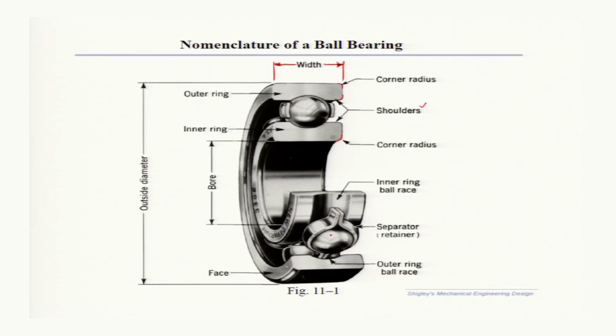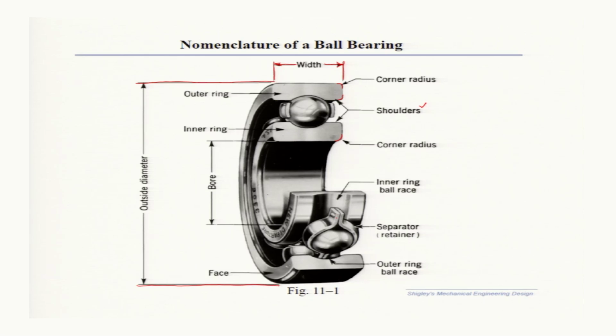So, the ball will be inside this separator, and so they will not mingle with each other. Now, this is the face of the bearing. Now, the outer diameter is the outside diameter of the outer ring or the outer race, this to this.